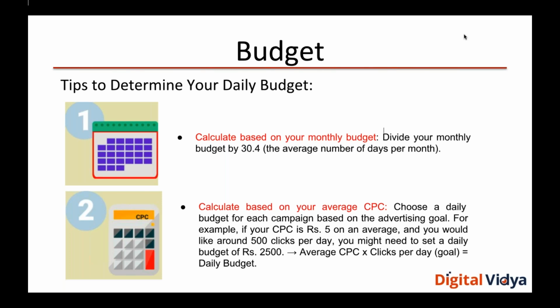So if I want 500 clicks in a day, I should definitely have that much budget, right? If it is costing 5 rupee per click and I set a budget of let's say 100 rupee per day, how many clicks will I get maximum? About 20 clicks, right? By the time I get 20 clicks, my entire budget will be exhausted. My ads will stop running. Isn't that true? Is this clear?